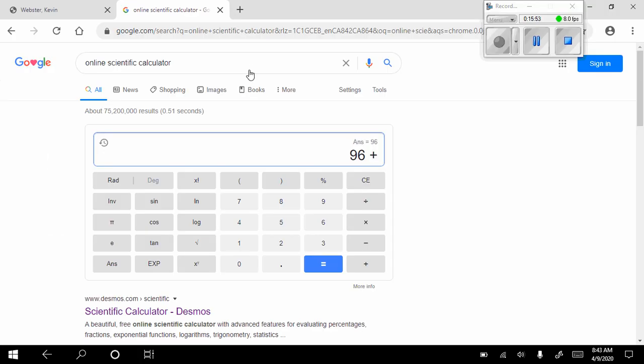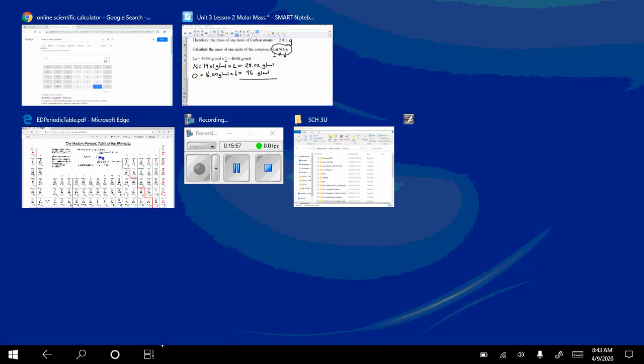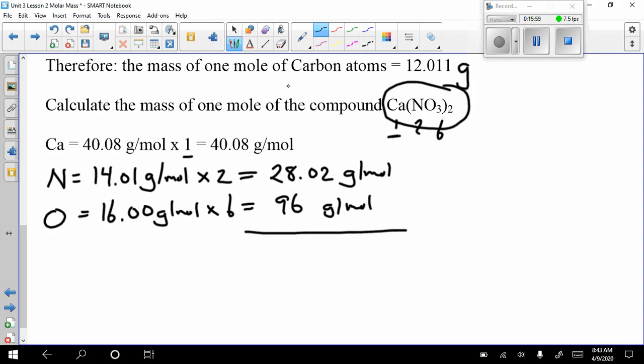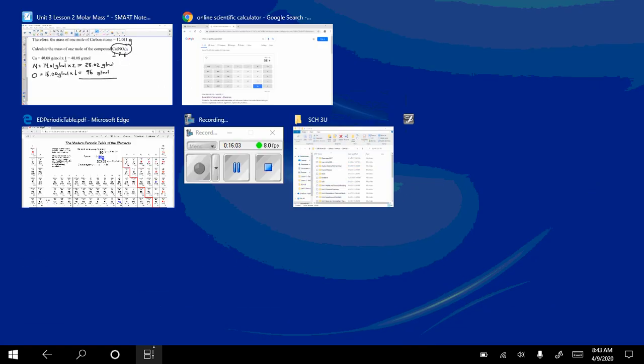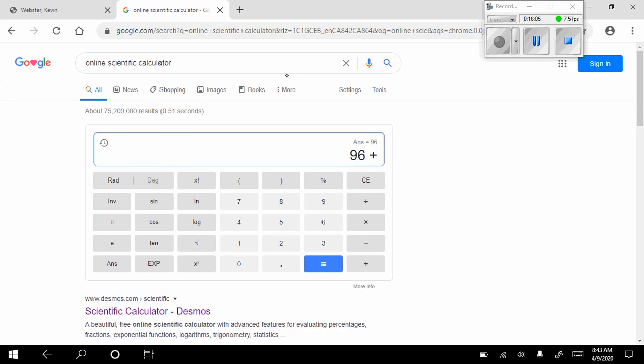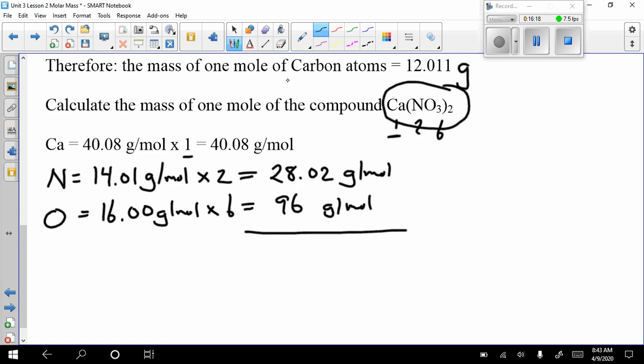Plus, I've already forgotten. Let me go back and look. 40.08 and 28.02. 40.08 plus 28.02, is that it? 164.1. 164.1 grams per mole.